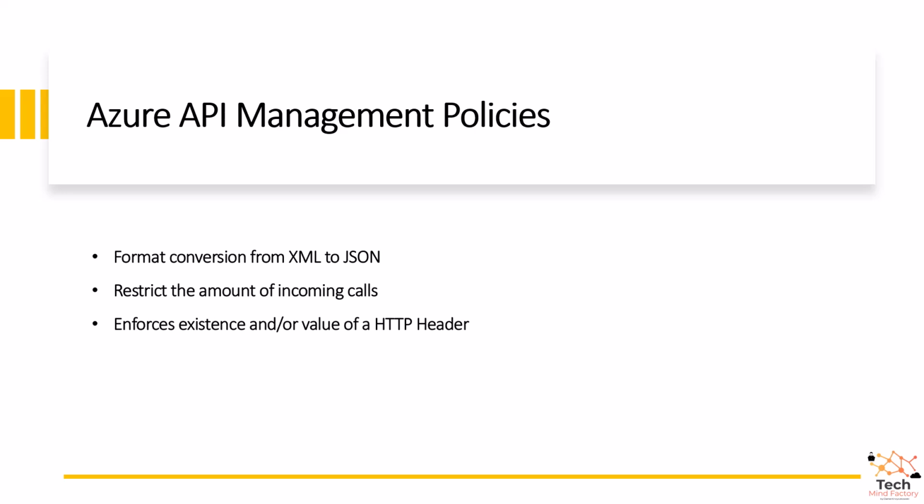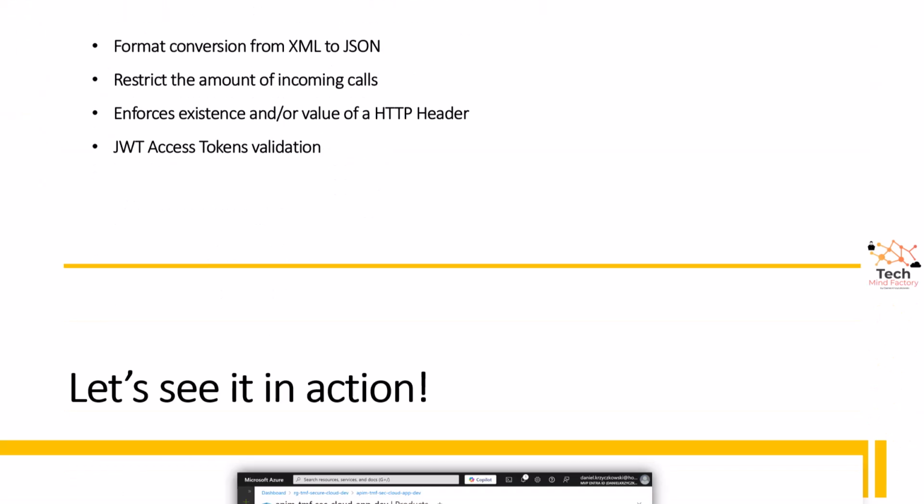If a specific header is not present in the request to our API, the request will be forbidden and dropped by Azure API Management. And also JWT access token validation. This is very important, and this is what I will show you in this video. Even before accessing APIs behind Azure API Management, we can validate access tokens to make sure they are included in the authorization headers in HTTP requests.